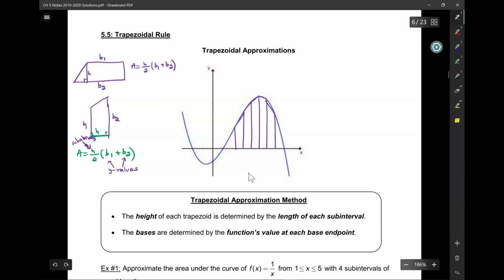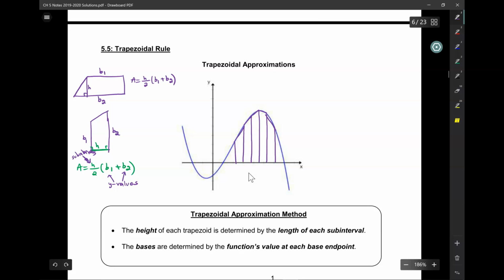So now, if I have these trapezoids here, so suppose I have 1, 2, 3, 4, 5, 6, 7 trapezoids here. Okay? Or you know what? Let's do it simpler. So let's say we're going to go from A to B like this.